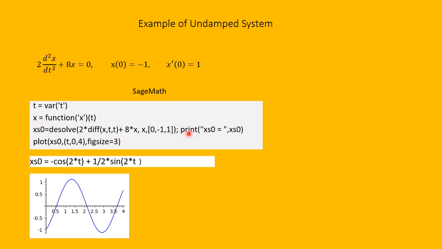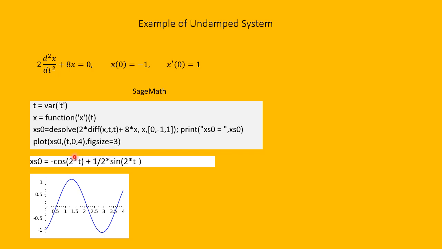So we will print the string xs0 equals, comma, and then the value of xs0, and then we will plot xs0 as t goes from 0 to 4, and the size of the figure is pretty small, this small actually, equals 3.